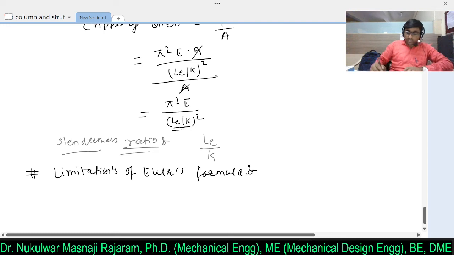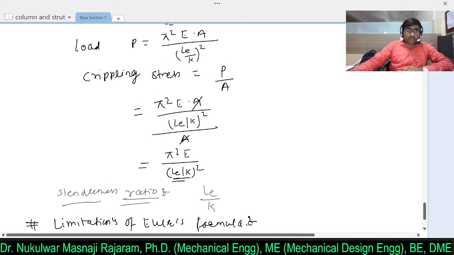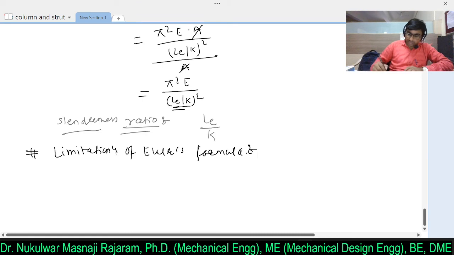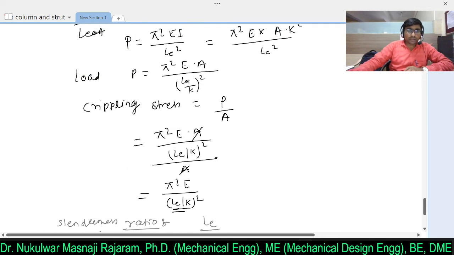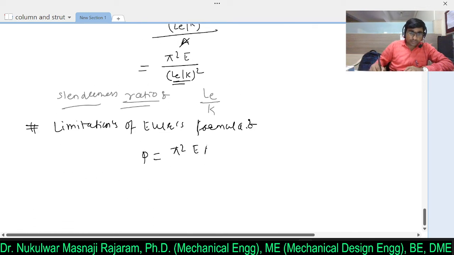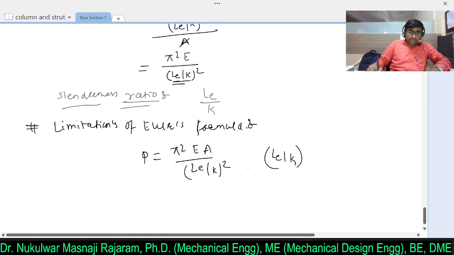Now if you observe this Euler formula, that is P equal to pi square EA divided by (Le by k) whole square. Simple. Now when the slenderness ratio, that is Le by k, is small, then what will happen?